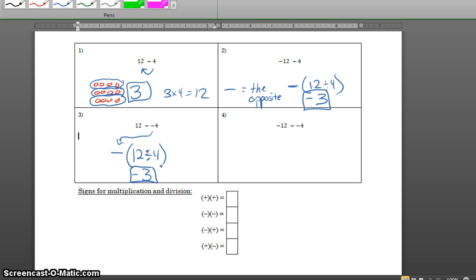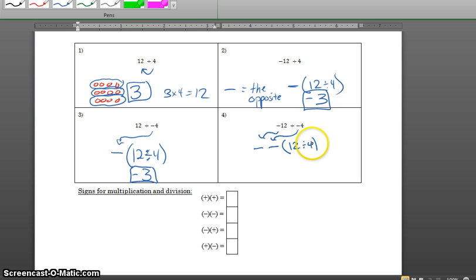So this whole business of taking these negatives and pulling them out in front, if you look at question number 4, we can again do this, but we're not going to just have one negative pulled out, we're going to have 2. 1, 2. So we're really asking, question number 4, negative 12 divided by negative 4. What is negative 12 divided by 4?